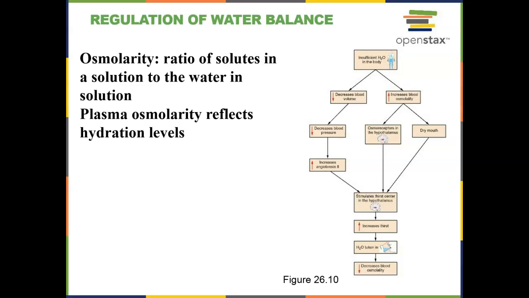The thirst center of the hypothalamus is going to stimulate us to want to drink because we are thirsty. It's going to increase water intake, which is going to decrease our plasma osmolarity back to where it's supposed to be.